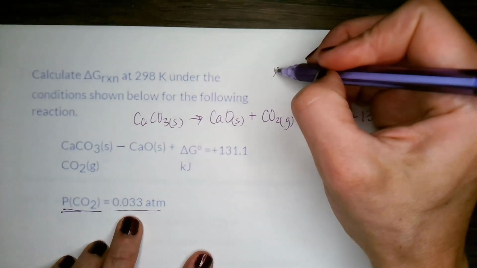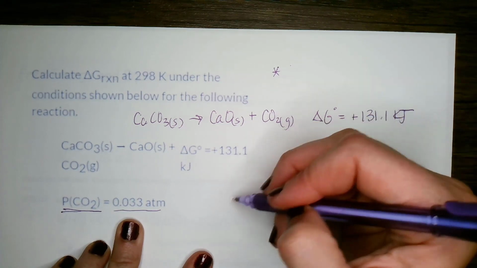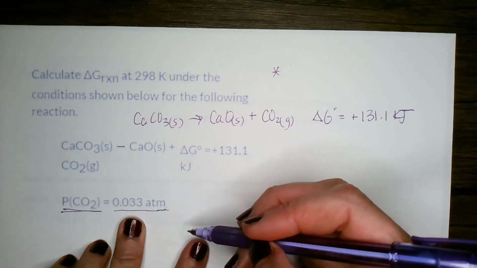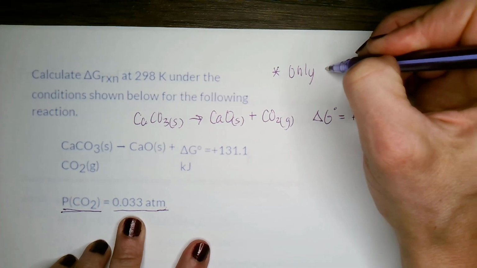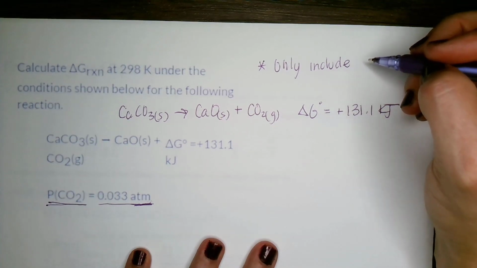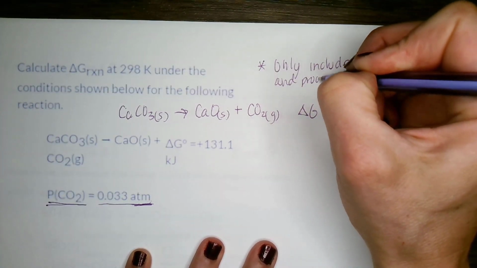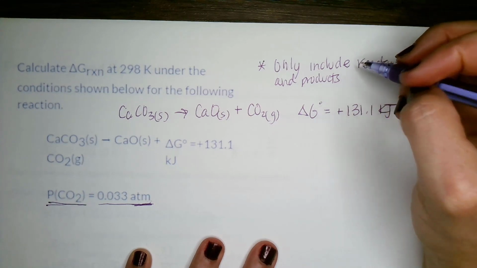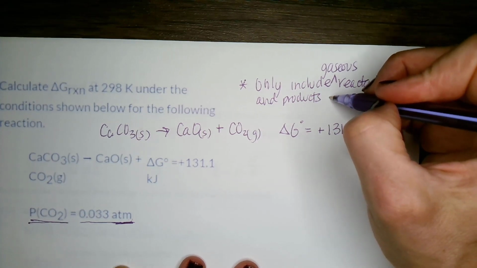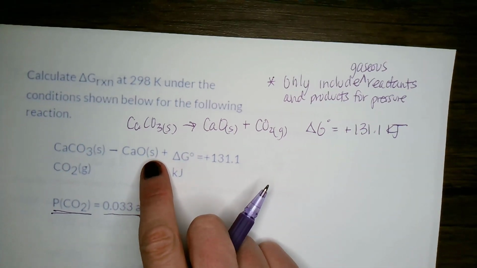Okay, so we know that it's not at standard state conditions. Now, one thing that is super important that we need to know and remember is that when we are doing the reaction quotients, where we did products over reactants and looked at these different pressures or different concentrations than the norm, especially when we're looking at pressures, we only include gaseous reactants and products for pressure.